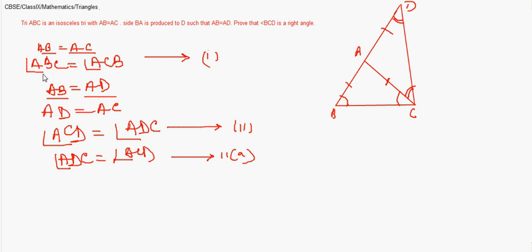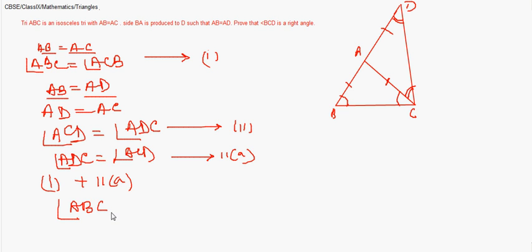So if I add equation 1 plus equation 2A, it would make angle ABC, because I need ACD to be added to ACB.